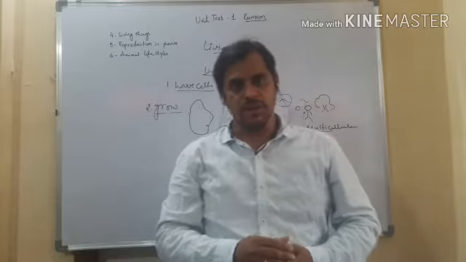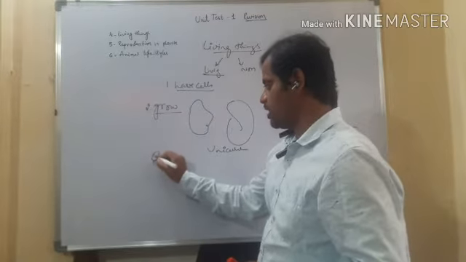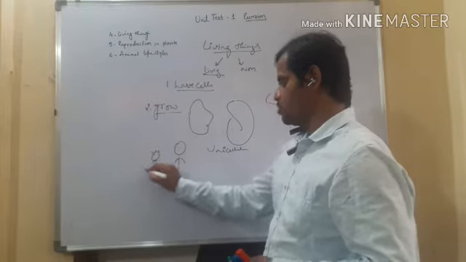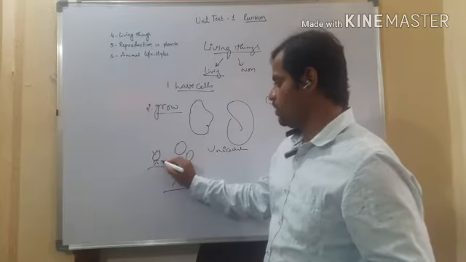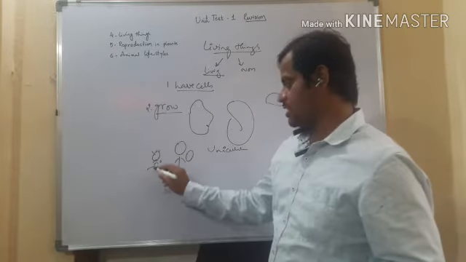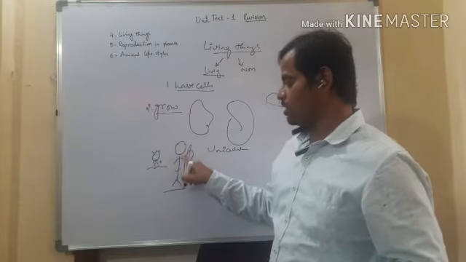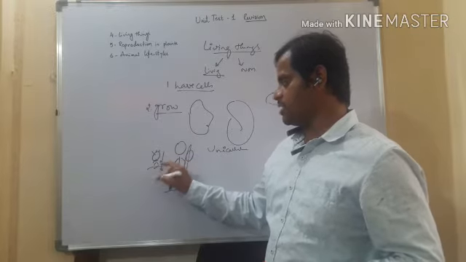For example, here is a child, a kid, and here is a young man. You should not say that the cells in the young man are big and in the child small. The cells are the same size in both, but the number of cells is more in the young man and less in the child.